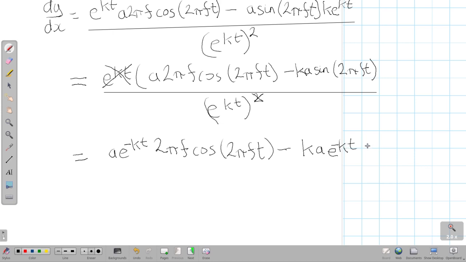Then we've got the sine 2 pi ft, might be starting to look familiar to those of you with a good memory.